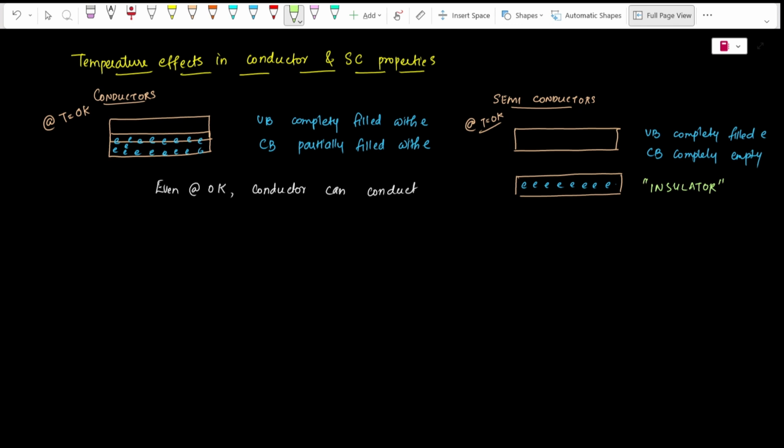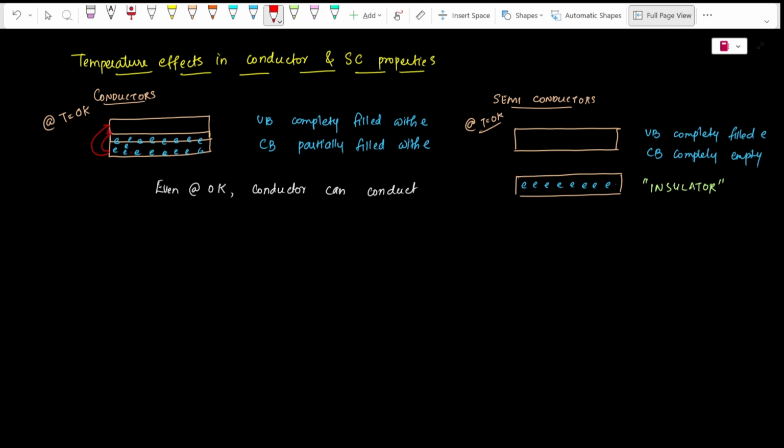Right. Now what happens when I try to increase my temperature? As you all know, electrons will start to gain energy. And some of the electrons will start to jump from the valence band to the conduction band by breaking bonds, right? In the case of a conductor it's quite simple.